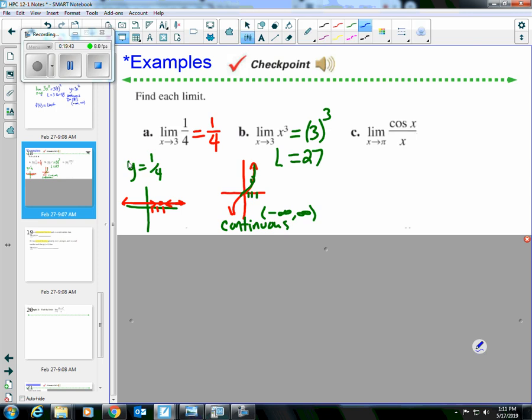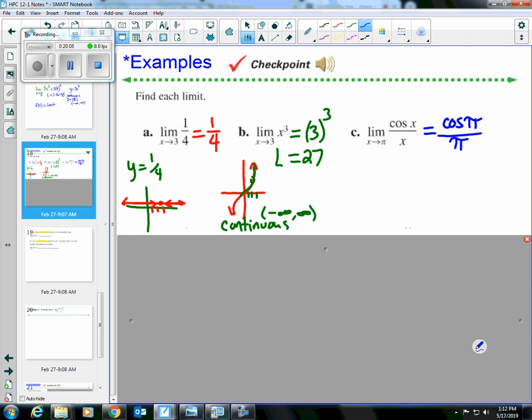All right, let's take a look at the next one, a little bit more complicated. You can't necessarily recognize this as limit as x approaches pi of cosine of x over x. It's not a parabola, it's not a polynomial. It's not even rational, it's just a ratio of two different functions. So is it continuous at each of those places? In other words, can I just plug these numbers in? So cosine of pi divided by pi.